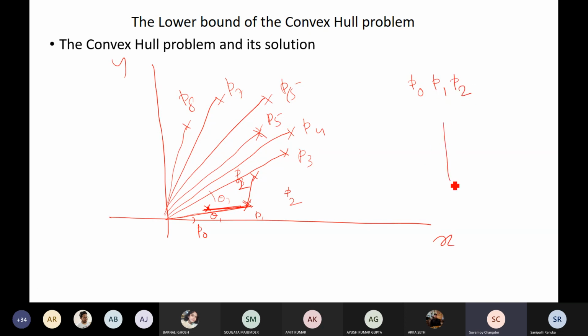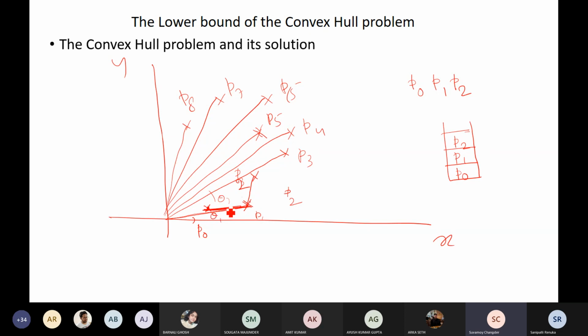We will use a stack here that will consider P0, P1 and P2 as the input. Initially we have connected P0 with P1 and P1 with P2, and we have pushed these three elements onto the stack. Then we will try to connect the P3 point with this.